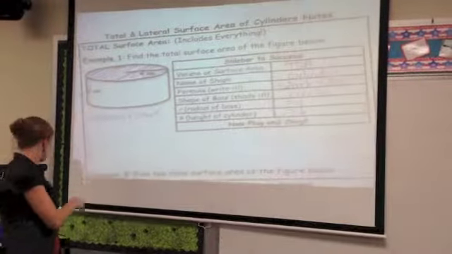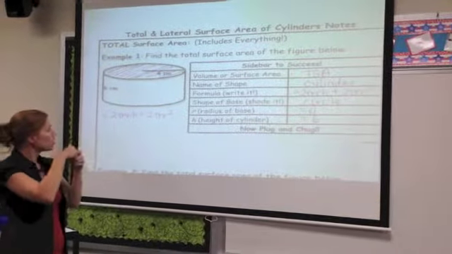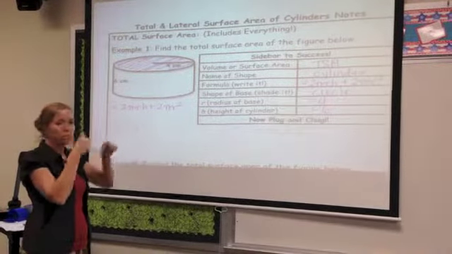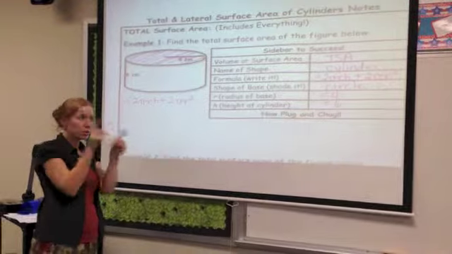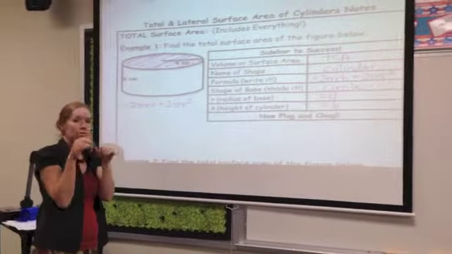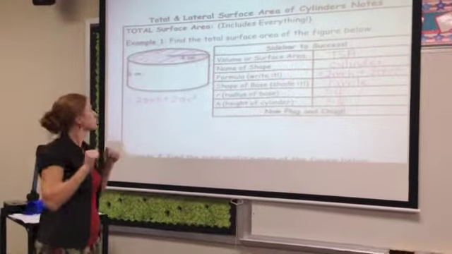Now I'm ready. I'm ready to put down my information inside. Remember, when you do this with your calculator, you need to use the parentheses or follow the order of operations.